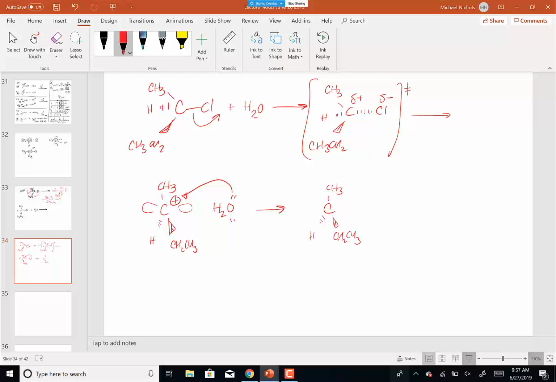And then what am I going to have for the water? A partial bond, a delta positive on the oxygen, and a delta positive on the carbon.